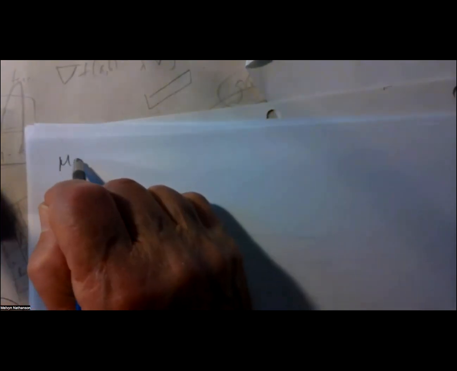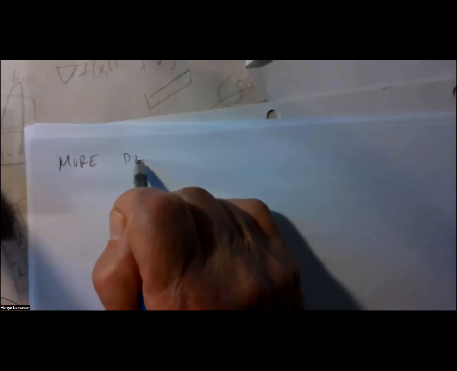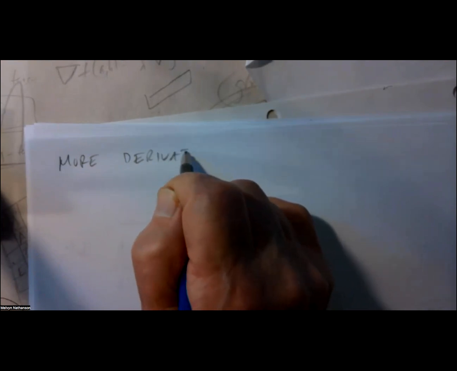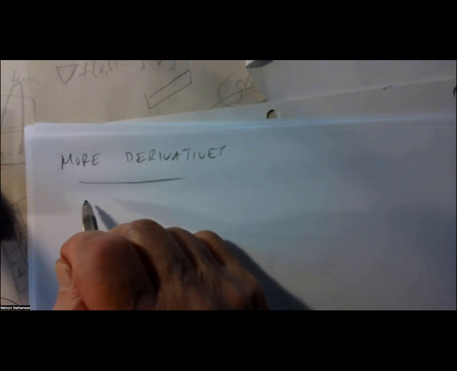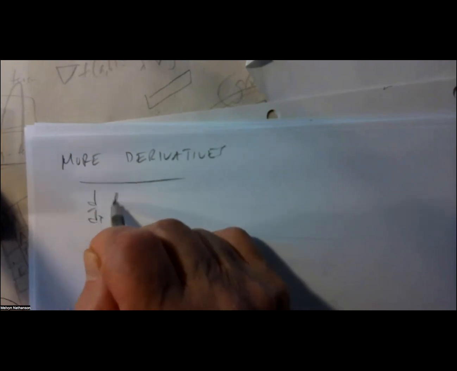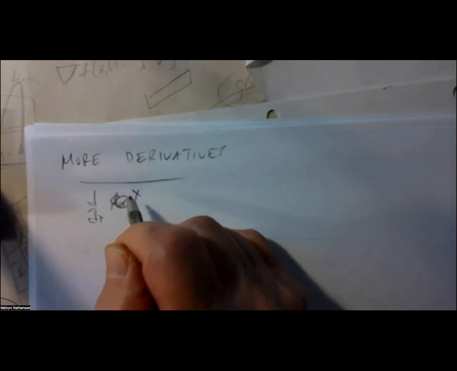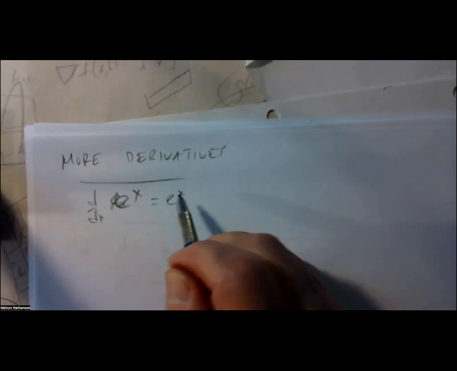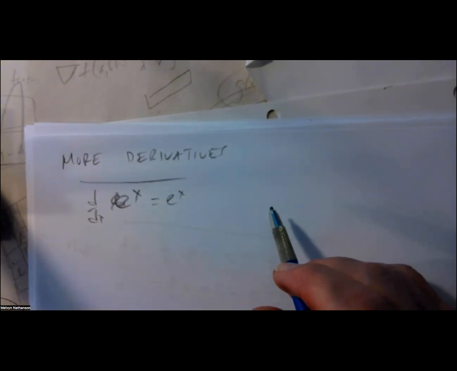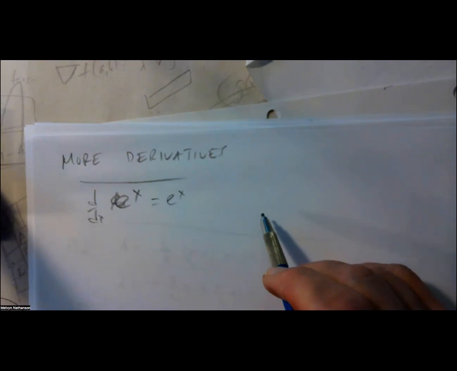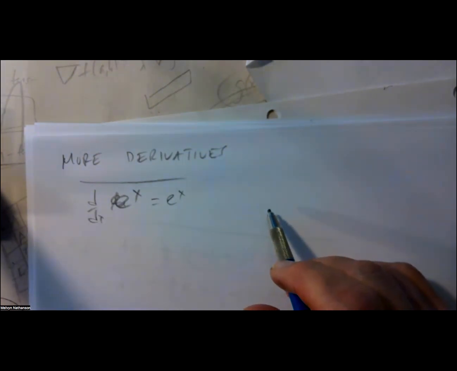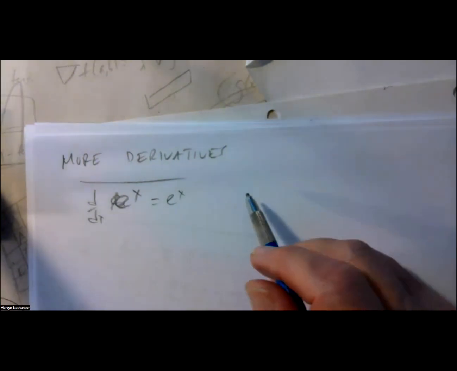So, more derivatives. We know that the derivative of e to the x is e to the x. And we also know that the exponential function and the logarithm are inverses of each other.